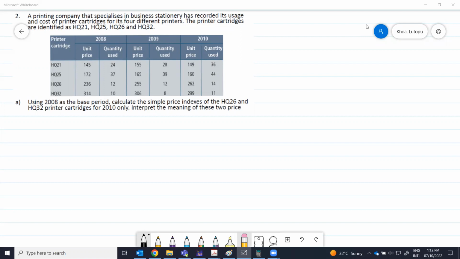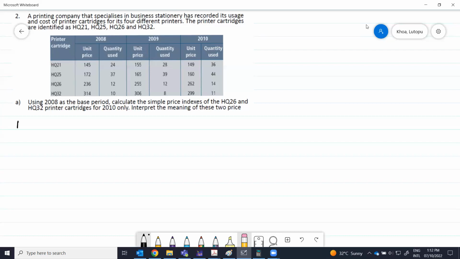Using 2008 as the base period, calculate the simple price indexes for HQ26 and HQ32, for 2010. So 2008 will be our base year, and we are interested in the simple price indexes.